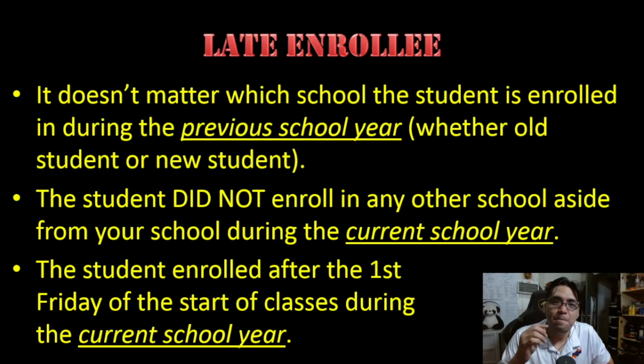In other words, the student enrolled late, but the student was not from another school during school year 2022 to 2023. During school year 2022 to 2023, the student did not enroll in any other school. He just enrolled in your school, but he enrolled late. That is a late enrollee.